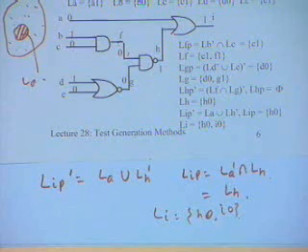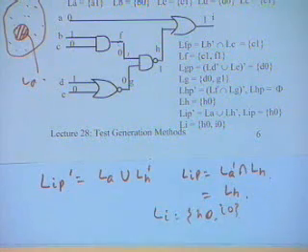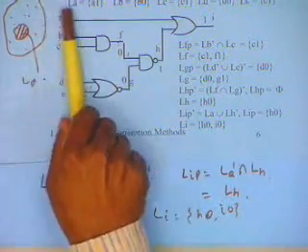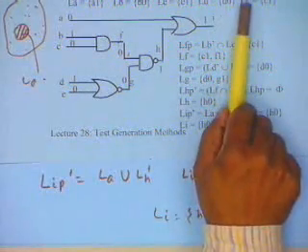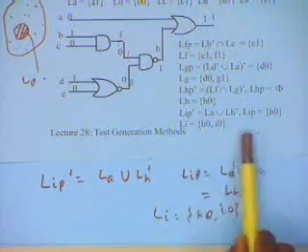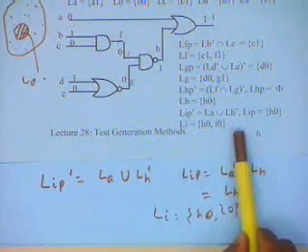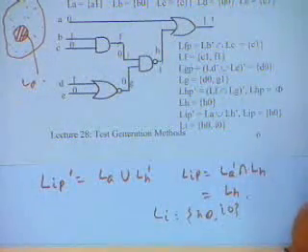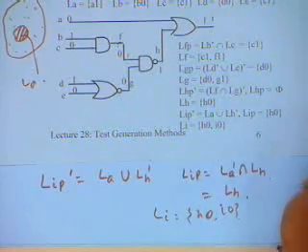Assume a few thousand gates, the list you need to maintain could be very long. And then you have to perform the set operations on these lists. That also takes time. But once you do that, given a certain test vector, at the end of it I can get the complete list of faults that this particular test vector can detect.